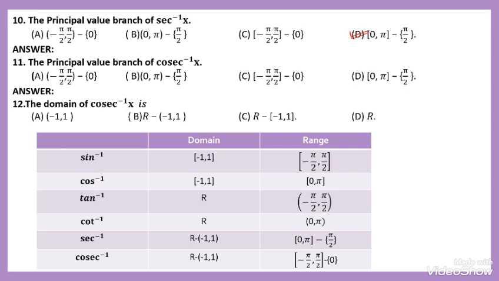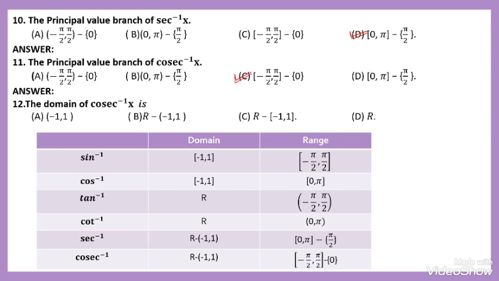Then, what is the principal value of the cosec inverse function? For the sec inverse function, there is a closed interval of 0 to pi except pi by 2. For the cosec inverse function, the closed interval is minus 90 degrees to 90 degrees except 0. Option C is correct.